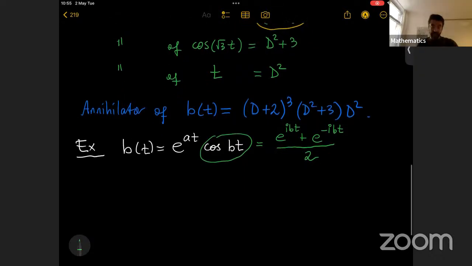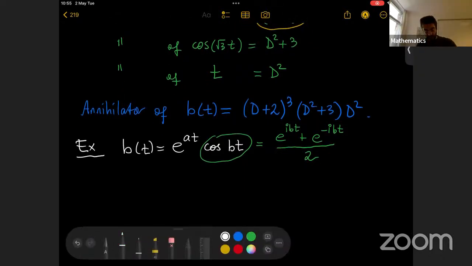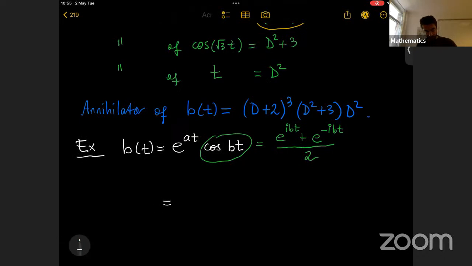So when you multiply with e to the at, you will end up with one half times e to the a plus ib t plus e to the a minus ib t. Okay, then it gives you b of t.